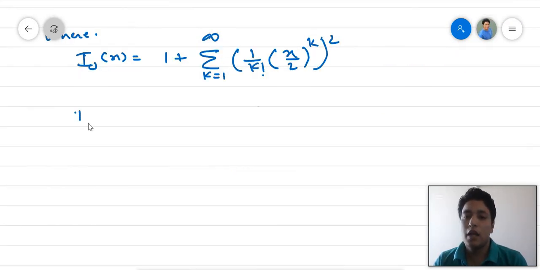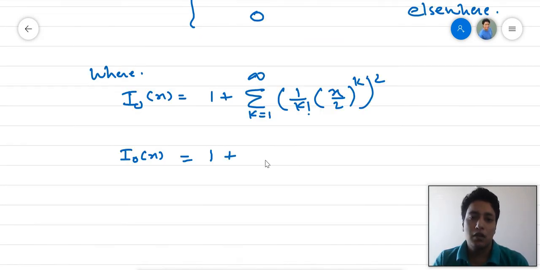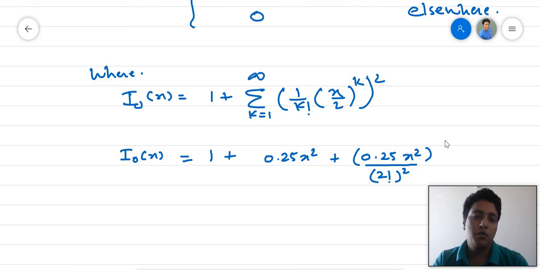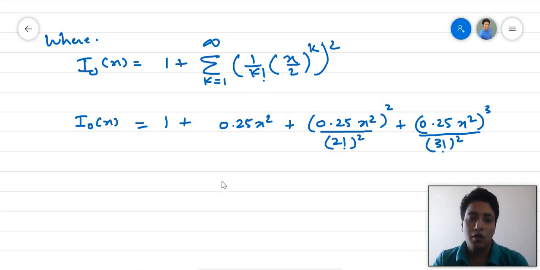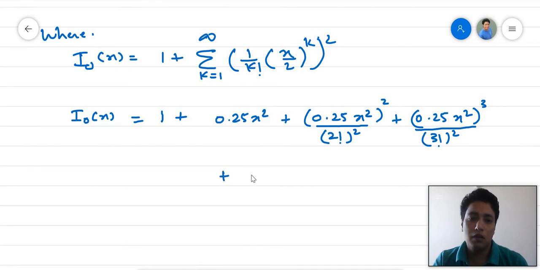Then we can write this I naught x as 1 plus 0.25 x square plus (0.25 x square) to the power 2 over 2 factorial square plus (0.25 x square) to the power 3 over 3 factorial square plus (0.25 x square) to the power 4 over 4 factorial square.